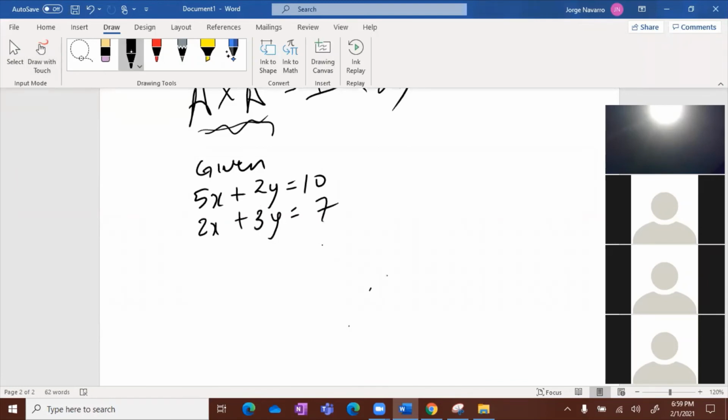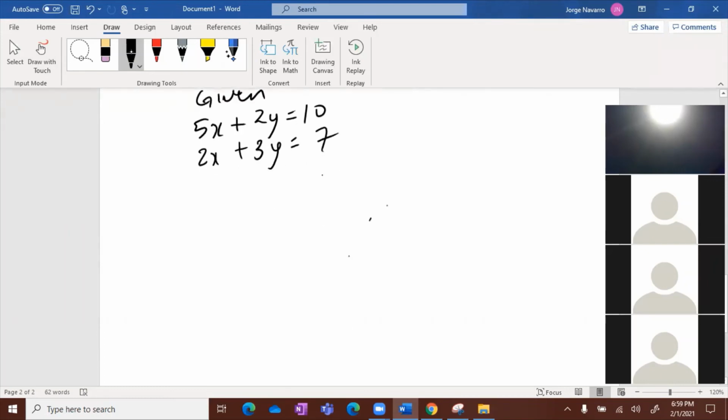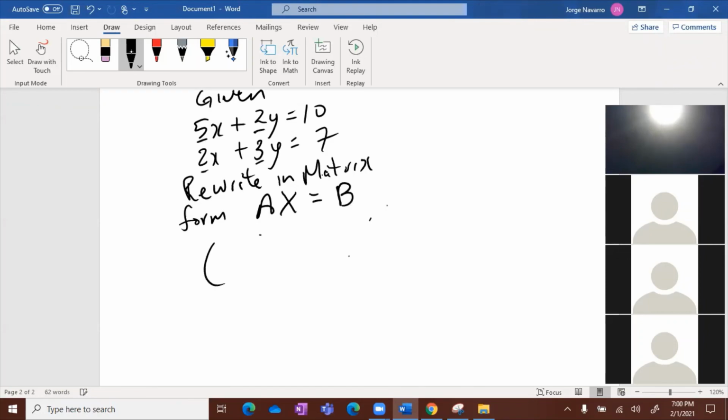All I want you to do today is to transform this into its matrix form, meaning rewrite it in matrix. So AX equals B. Right. So all my numbers will come in the first bracket, so 5, 2, 2, 3.